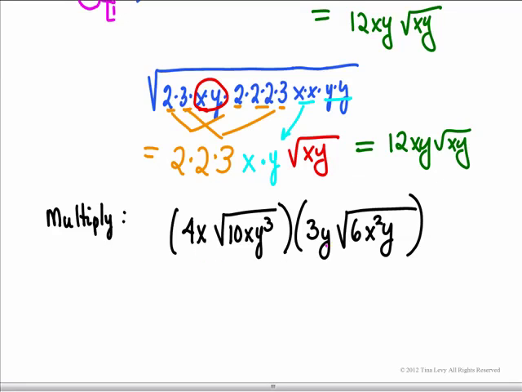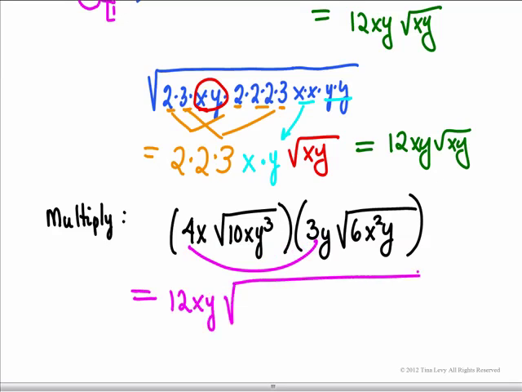So with this one, outside of jail and inside jail, first we multiply what's outside, so we get 4 times 3, 12, x times y, xy, and now we're going to multiply what's under the radical. Under the radical we have 10 times 6, 60, x times x squared, x cubed, y cubed times y, y to the 4th.